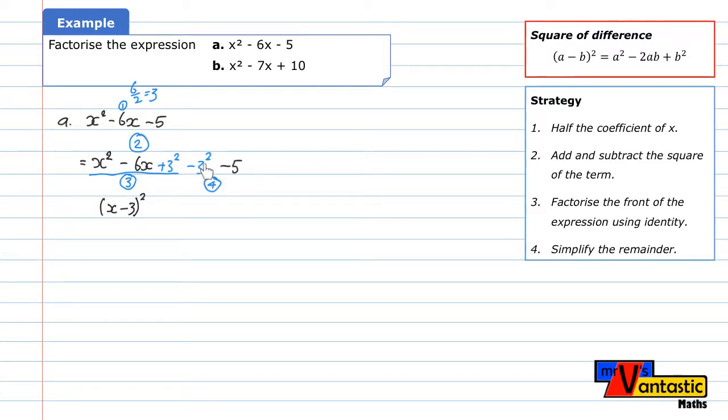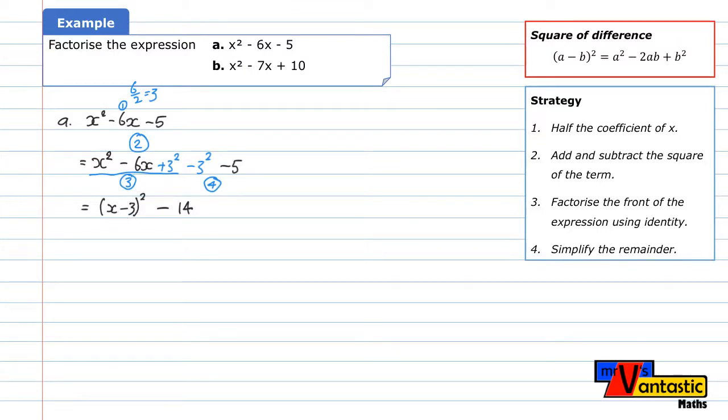So 3 squared is 9, and minus 9 minus 5, that's minus 14. So we now have minus 14 in our equation. That's the bit that fixes up the square. And that's it. That's really the difference. We just have this minus in the bracket.